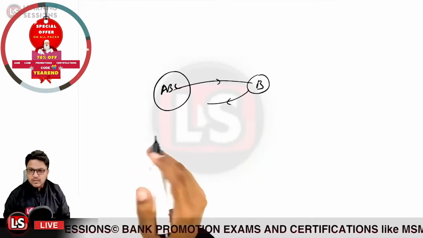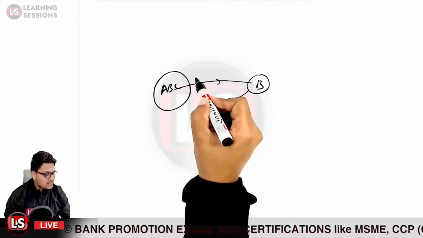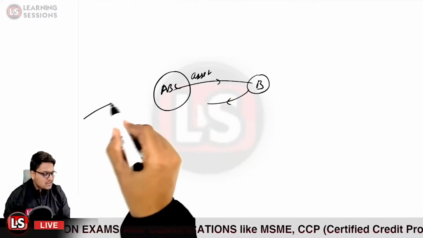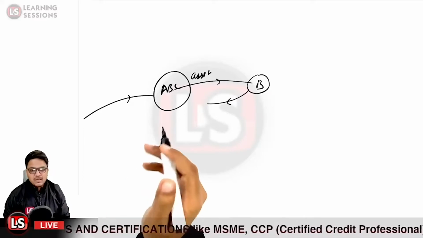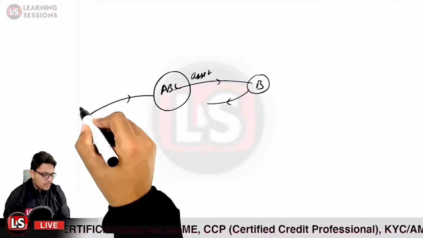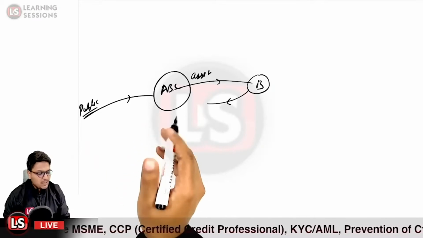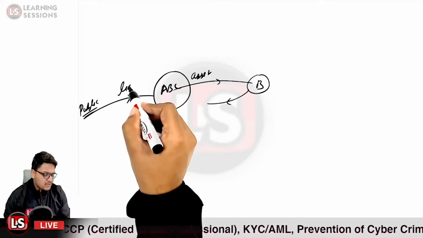So this would be an asset. And also banks are receiving funds from the public. Those are the liabilities.